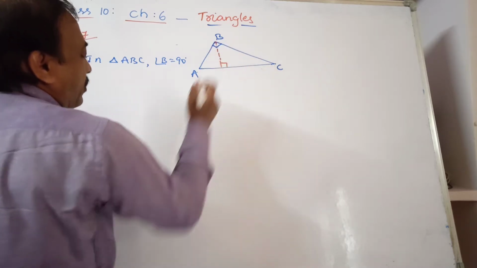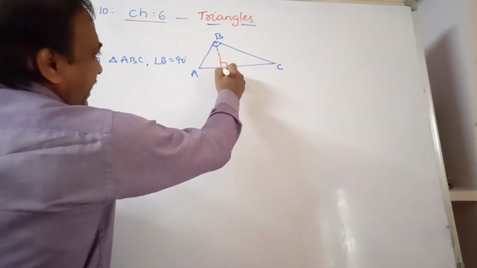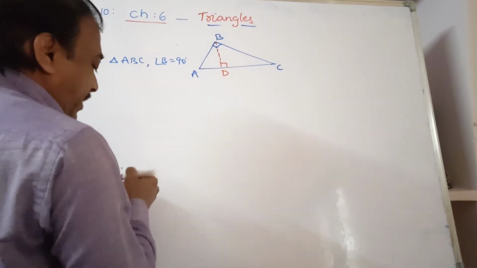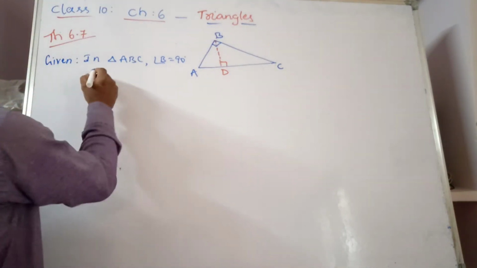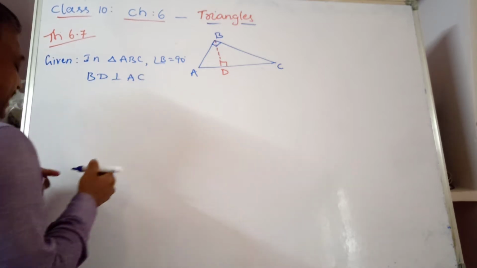This is the perpendicular line which we are constructing. Name the foot of the perpendicular as D. So BD is perpendicular to AC. That is also given.